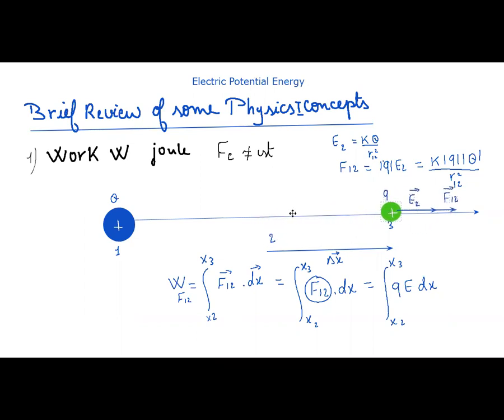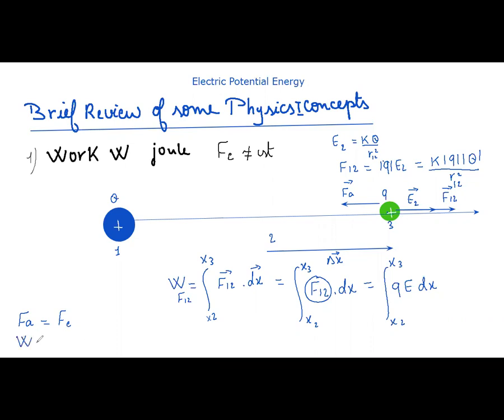Also, when the object moves to this point, to get back this charge, I have to apply FA. Okay? FA as magnitude equals F12 or F21, or in general equals F electric. Okay?